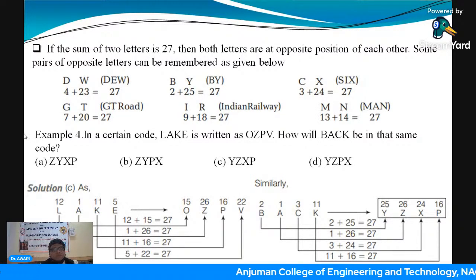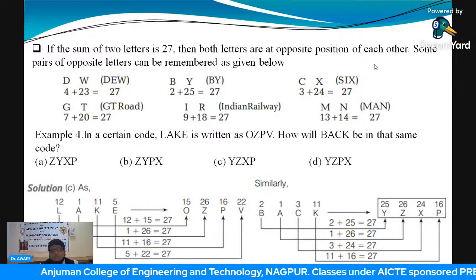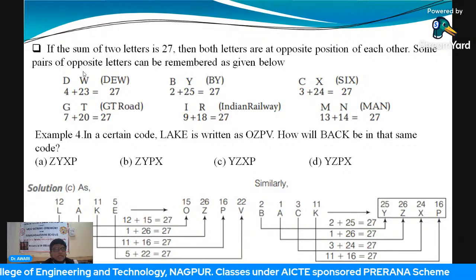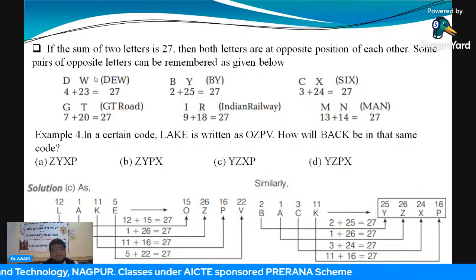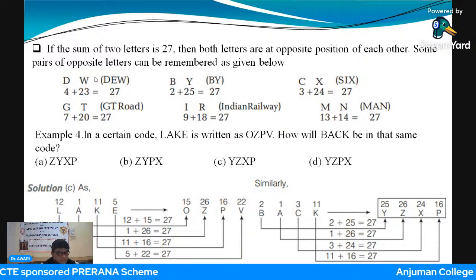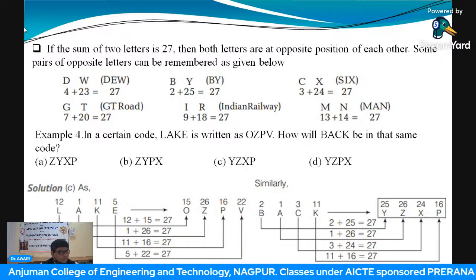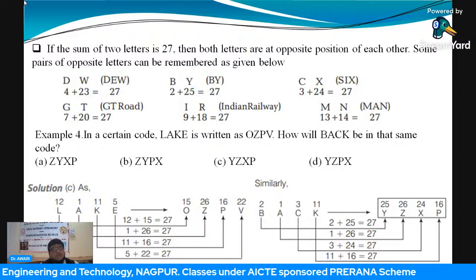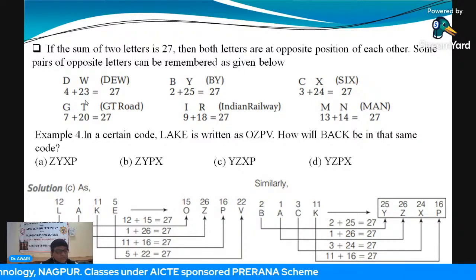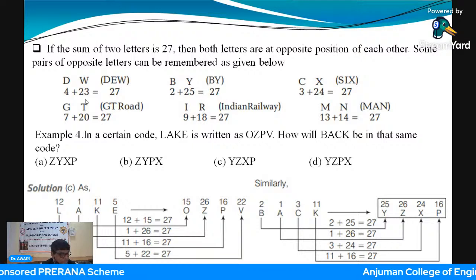If the sum of two letters' positions is 27, then the letters are at opposite positions to each other. Some pairs of opposite letters can be remembered, which are given below. For example, D 4 plus W 23 is equal to 27.